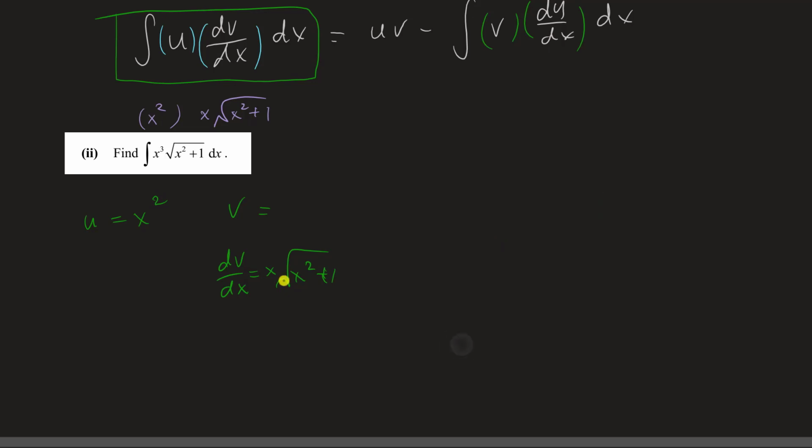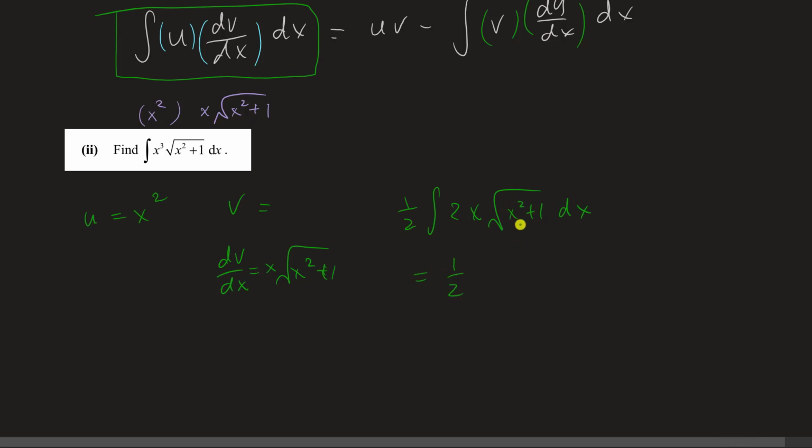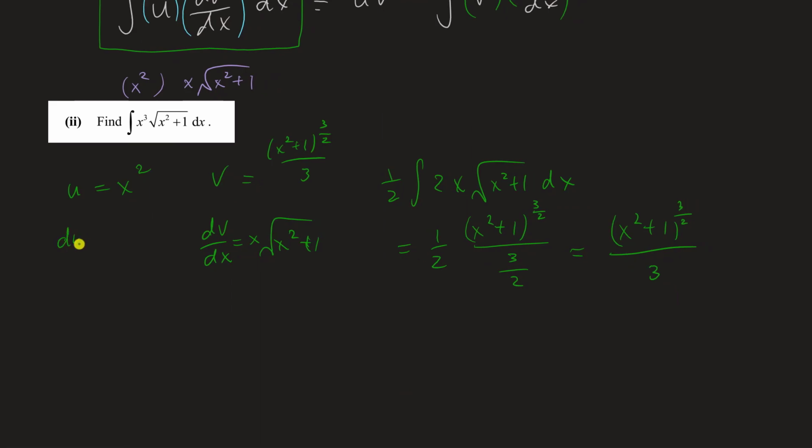This will help us integrate this way easier, because differentiation of this gives us 2x. So we put a 2 here, we put a half here, and then this will become half of x squared plus 1, new power over new power. Simplifying this will give us just x squared plus 1 to the power 3 over 2, over 3. And of course, du dx would just be 2x.